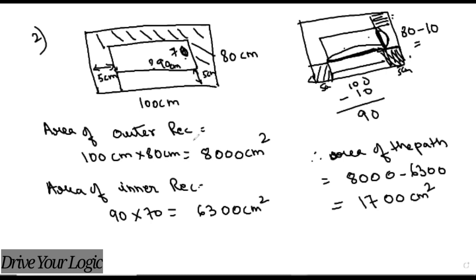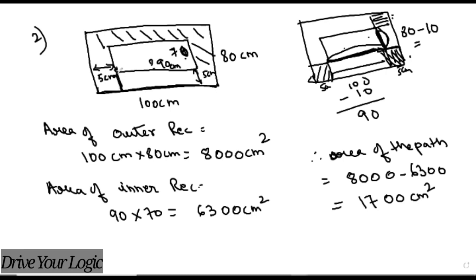Okay. So while measuring all these things, you need to be very, very careful. Because once you understand the concept, see the full thing is 100 and we know the path wide is 5 centimeter gap.